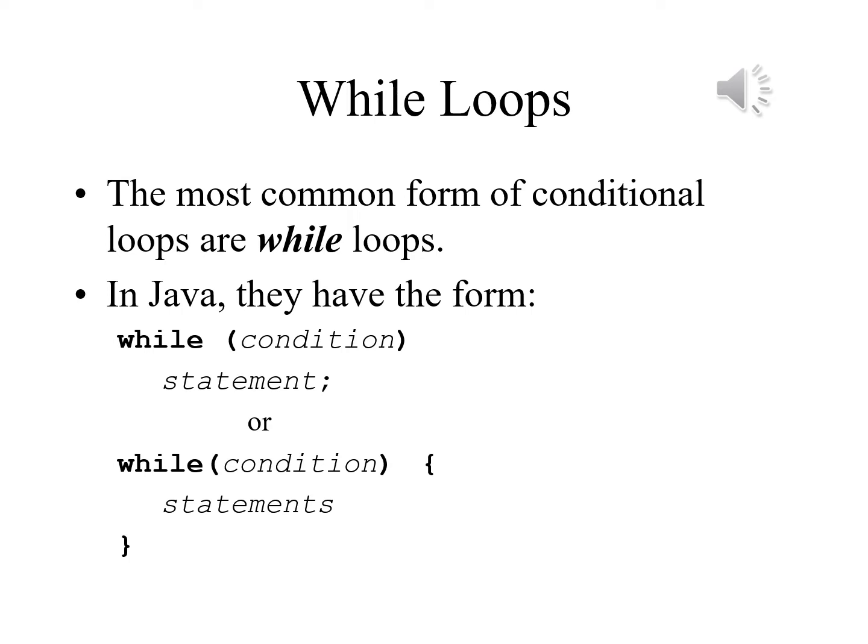If we are going to do more than one statement inside a while loop, we start off with the word while. Again, we have the condition inside parentheses. Now we have an open brace, however many statements that we need, followed by a close brace.